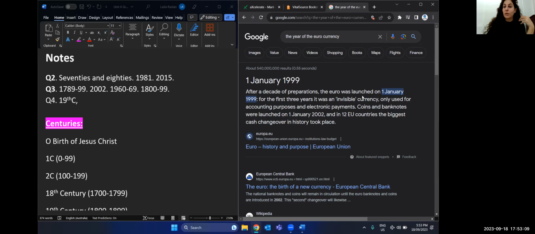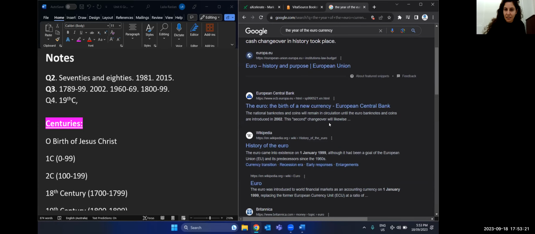The euro was launched, that means when it first came out, 1999. But coins and banknotes were launched in 2002. That's interesting, not that long ago. Introduced in 2002. So maybe 1999, 2002.